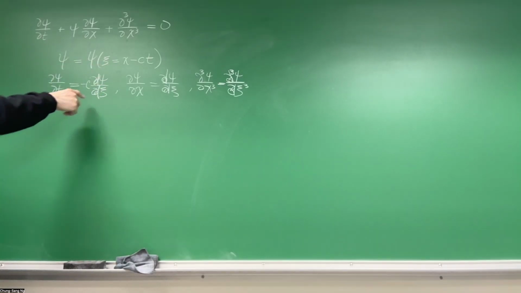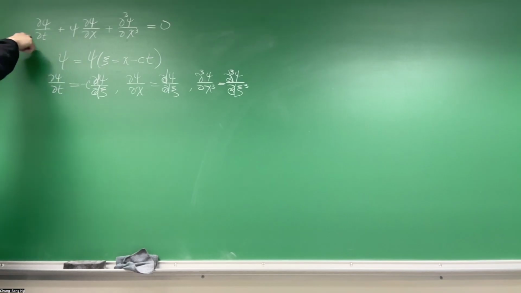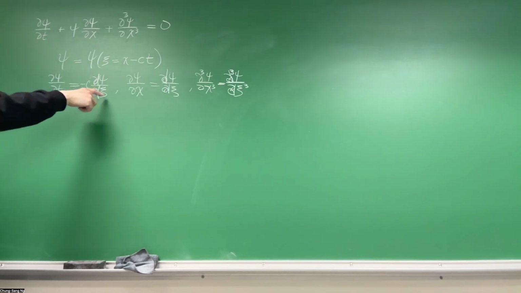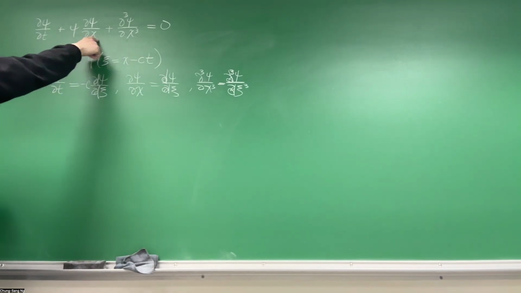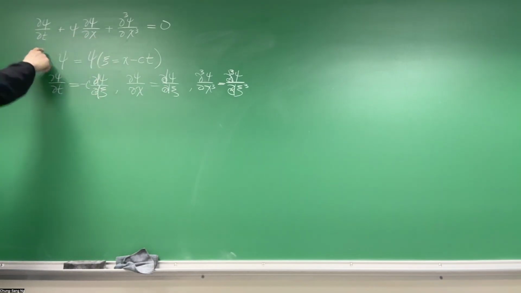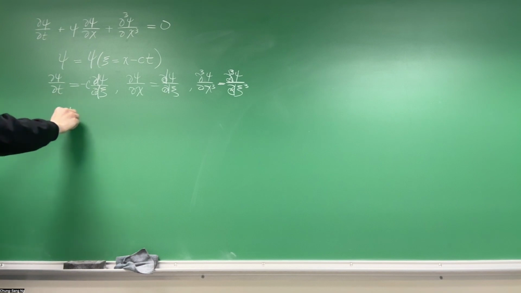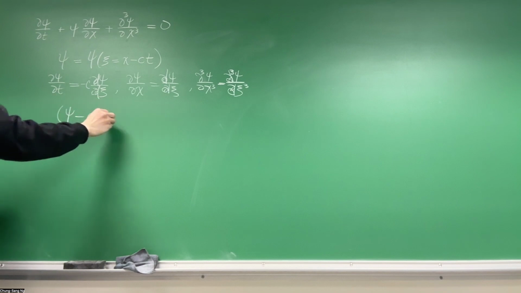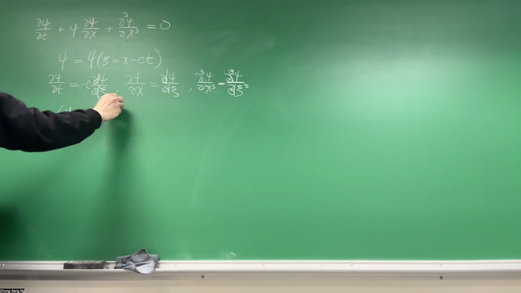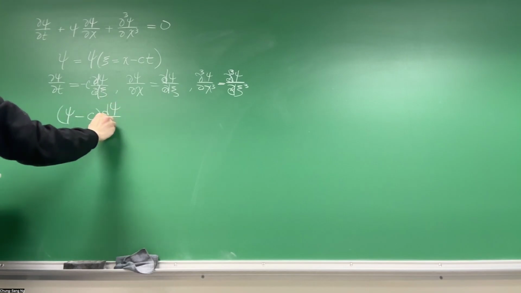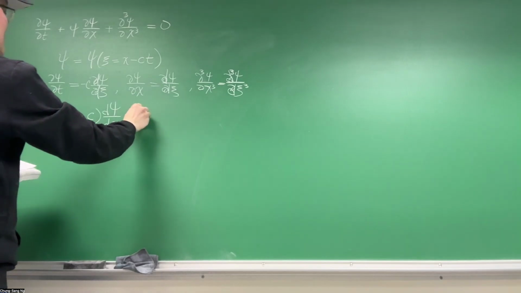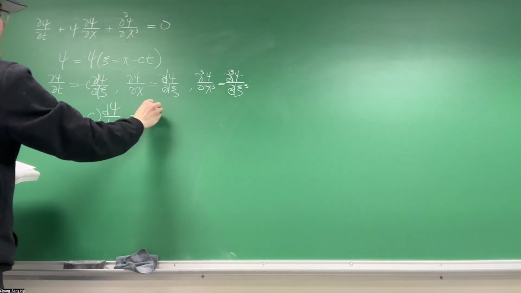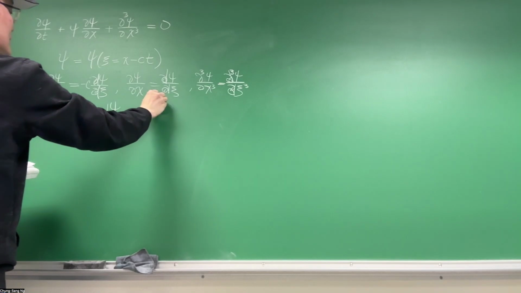So we have minus c times d psi d xi, and this is d psi d xi, so you can combine these two: psi minus c, d psi d xi. And then the third one is d cubed psi.